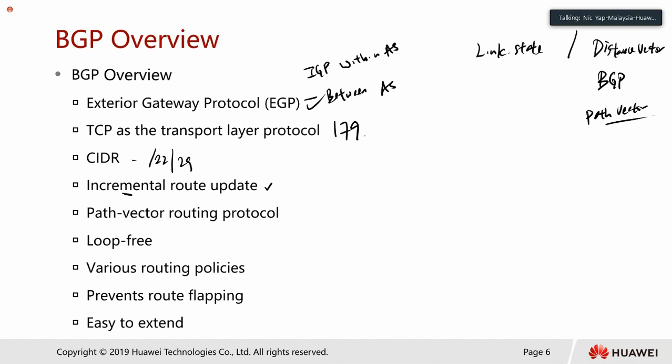How long is it going to take to be processed? Before you finish processing, maybe I have sent you the next one already. Okay, so that is a problem. That is also the factor why they shifted to incremental route updates. So I only give you the route update for the changes, the incremental changes.